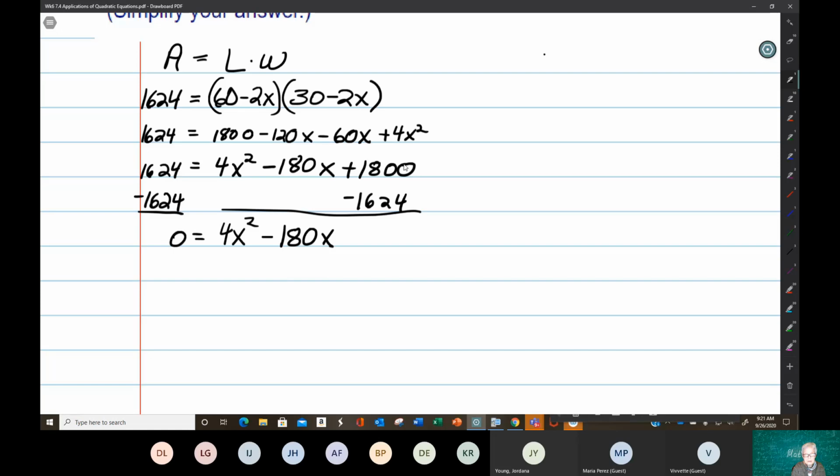And now 1800 minus 1624 is 176, and the bigger number here is positive, so this will be positive. Somebody should double check that on their calculator, just to make sure.